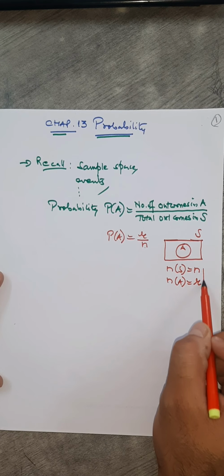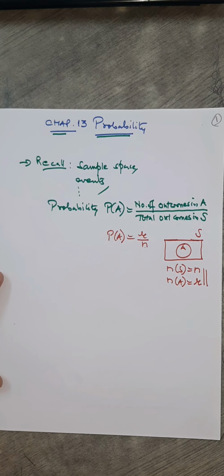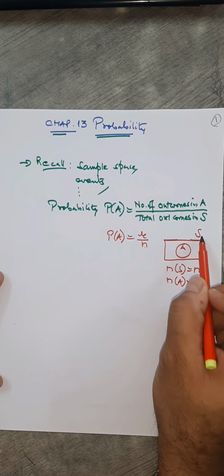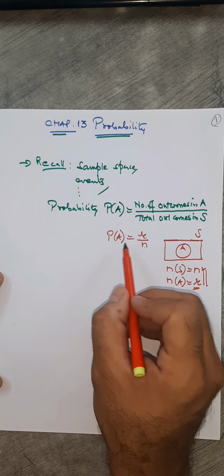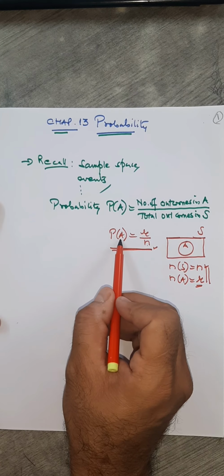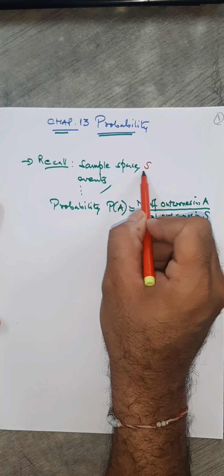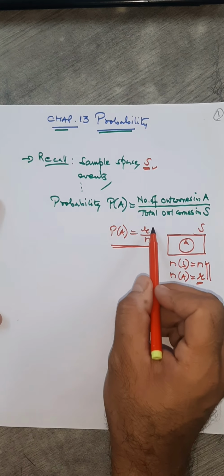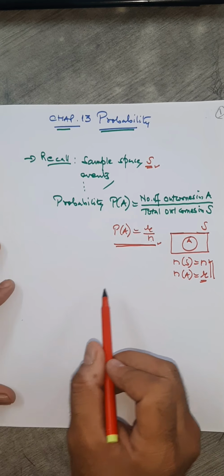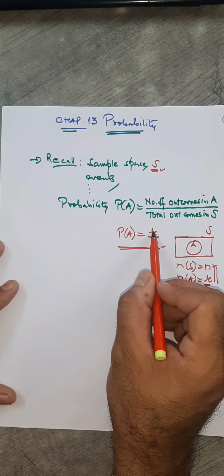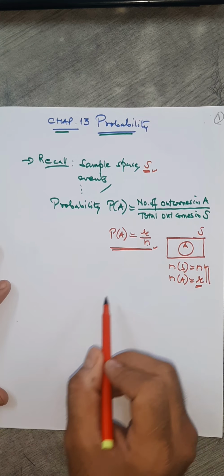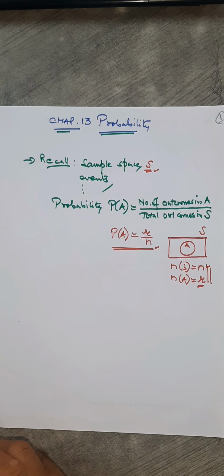So the ratio r by n, number of favorable outcomes upon total outcomes in the sample space, is defined as the probability of the event A. Event is a subset of the sample space S.